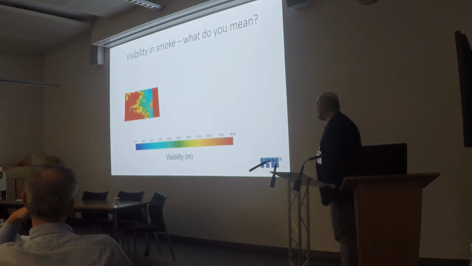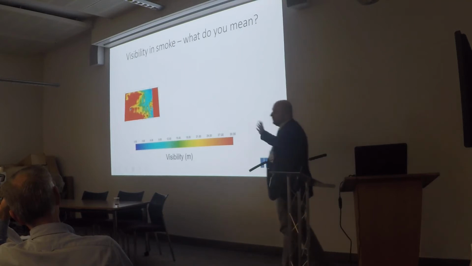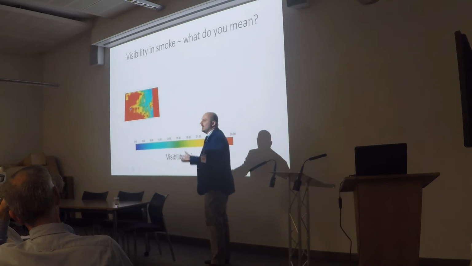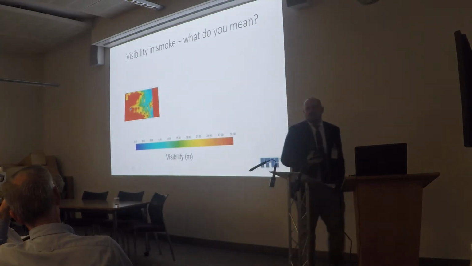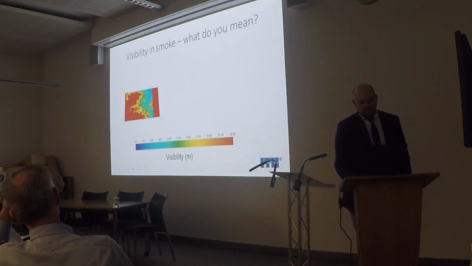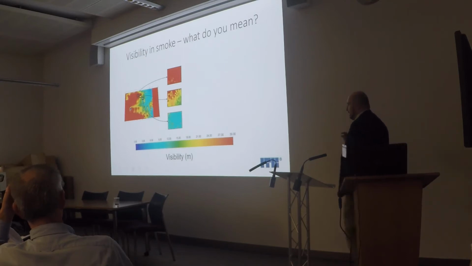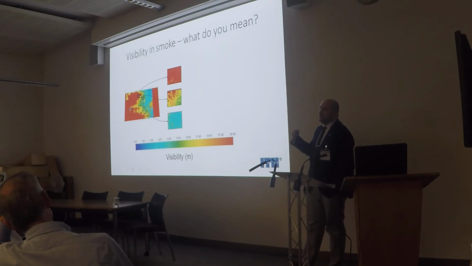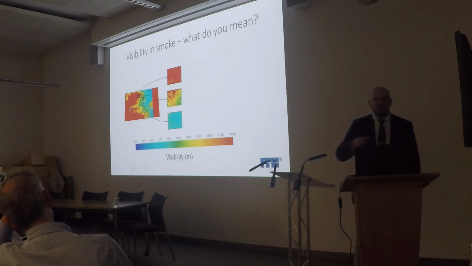So let's look into what we really do when we model visibility. If you plot up this beautiful color map of visibility in a room, what does this picture really say? Is this visibility? Is this how far I will see in this room, standing in a given place? Well, not really. This picture is just a collection of values of visibility in each particular cell, in each particular finite element in the model. And the solution is given for each of them separately from the surrounding elements.